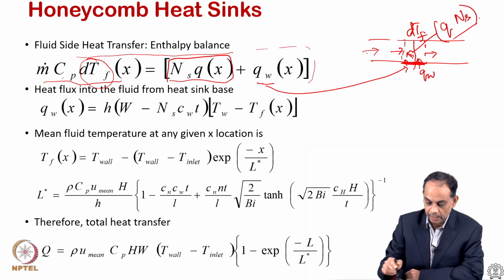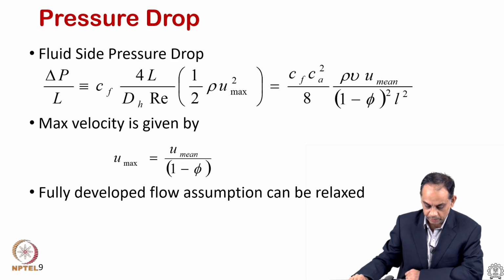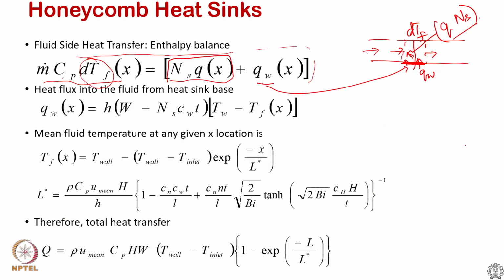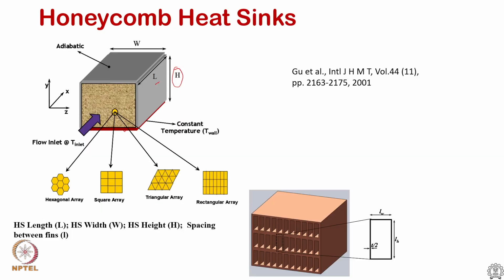In the previous slide we calculated the heat transfer rate for a single unit cell. Then here we multiplied by the number of unit cells. So for example, what we did was to calculate for a single fin like this.